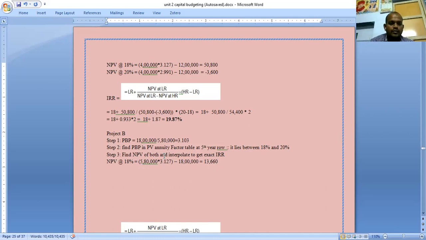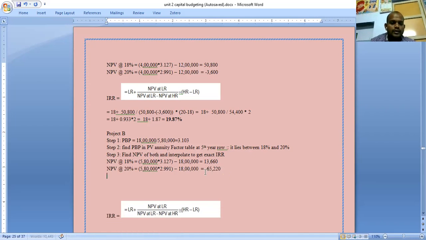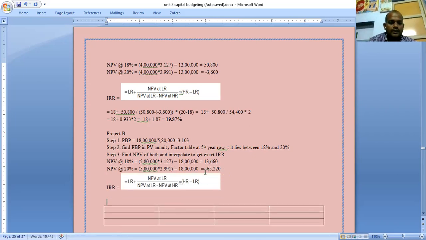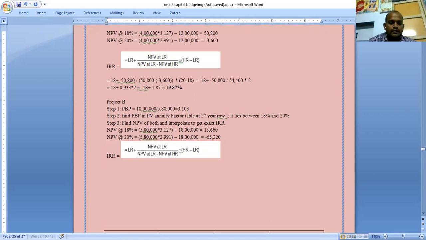So NPV at 20% comes around minus 65,220. So to find the exact IRR, we have to interpolate these two percentages by using the IRR formula. So lower rate is 18% and higher rate is 20%.